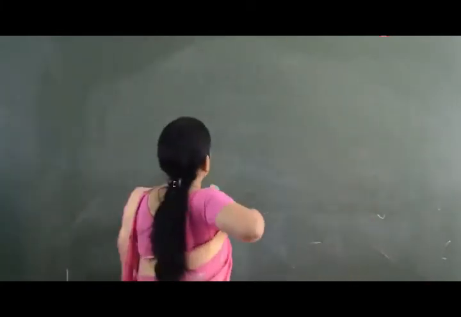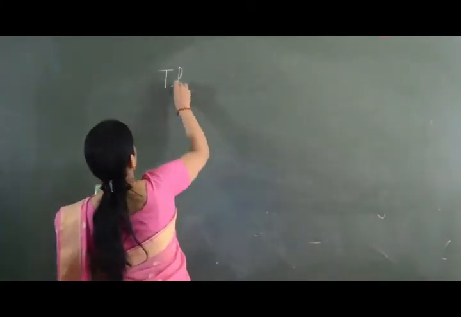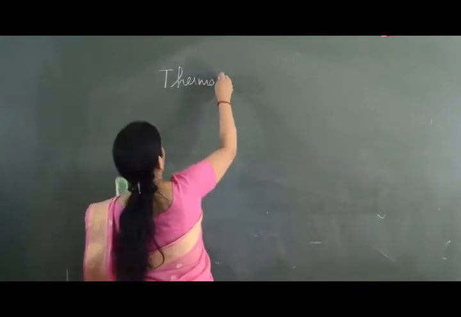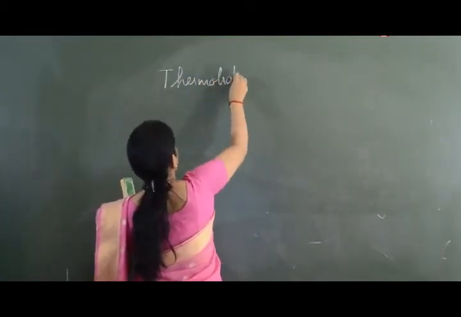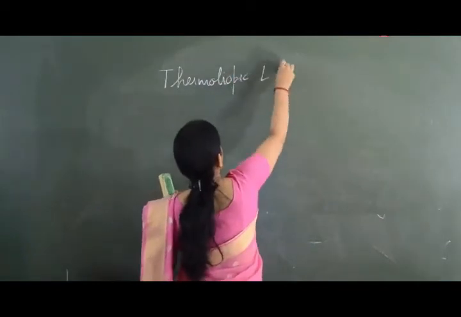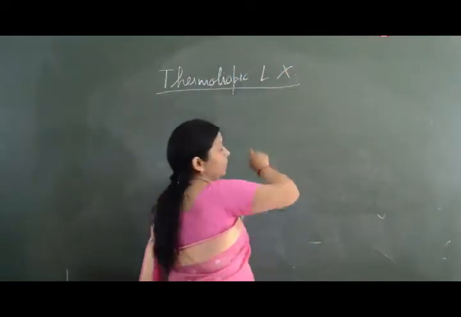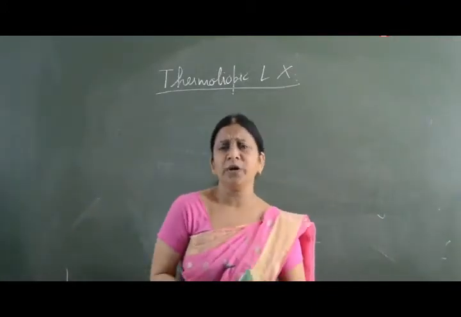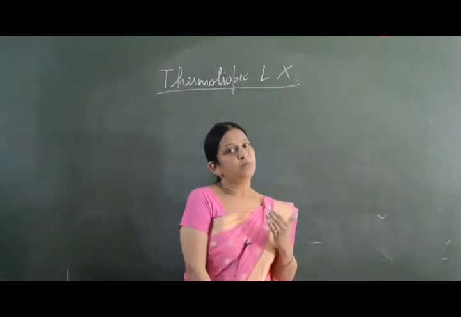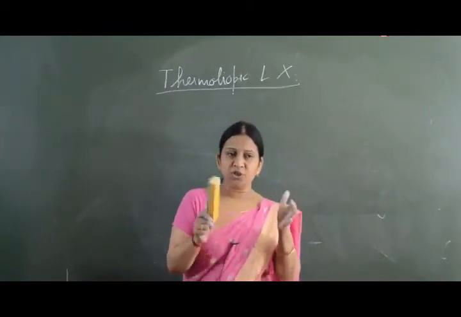In the case of thermotropic liquid crystals, as the name suggests, some substances start behaving as liquid crystals as we change the temperature, but the range of temperature is fixed.